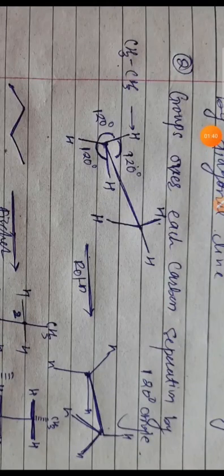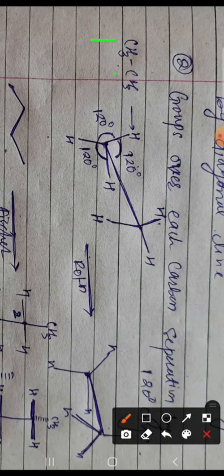Like this, you can see we have taken the example of an ethane molecule. In this ethane molecule, this is the first carbon, this is the second carbon. We represent the first carbon here and the second carbon here. We can see both the carbons.